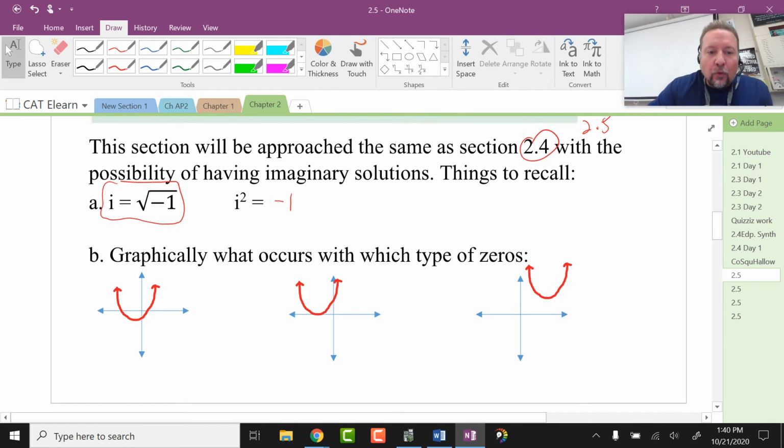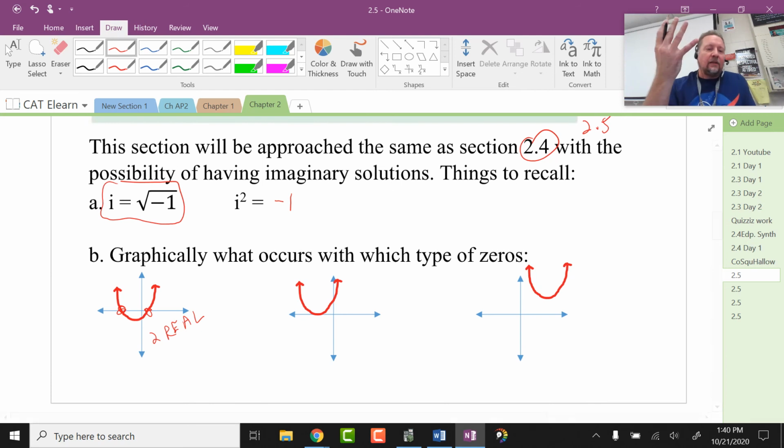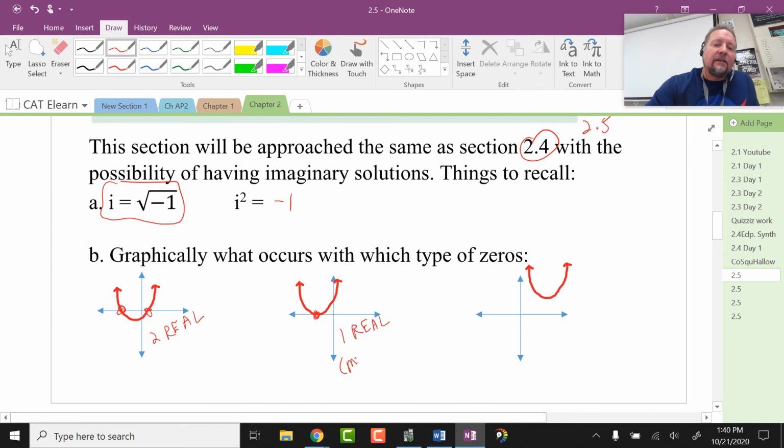Oh, and then one more thing. We're doing this in math 2 right now. Graphically, what occurs with which type of zeros? This first one is when we get 2 real zeros. And I'm keeping this with quadratics, like this is a picture of 3 parabolas. It was just a thought to bring up when you practice this. And I think you actually did polynomials in math 3. This is one real zero. You already know this though. This is a real zero with multiplicity 2.